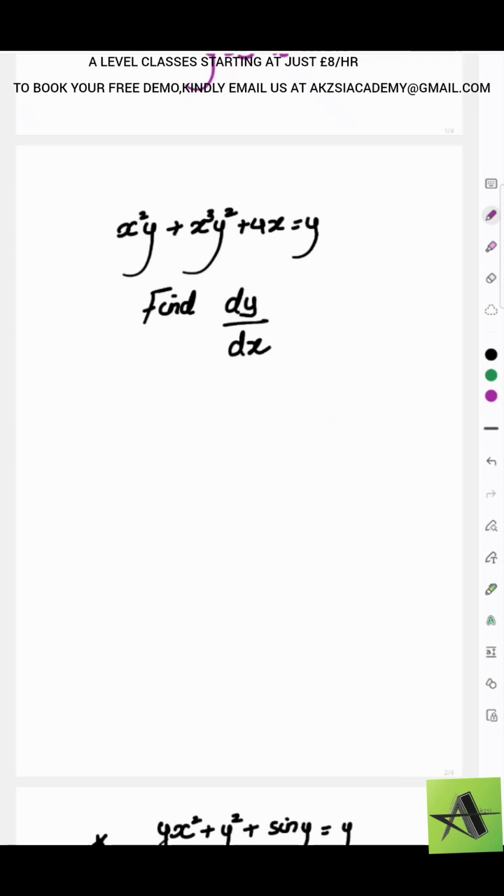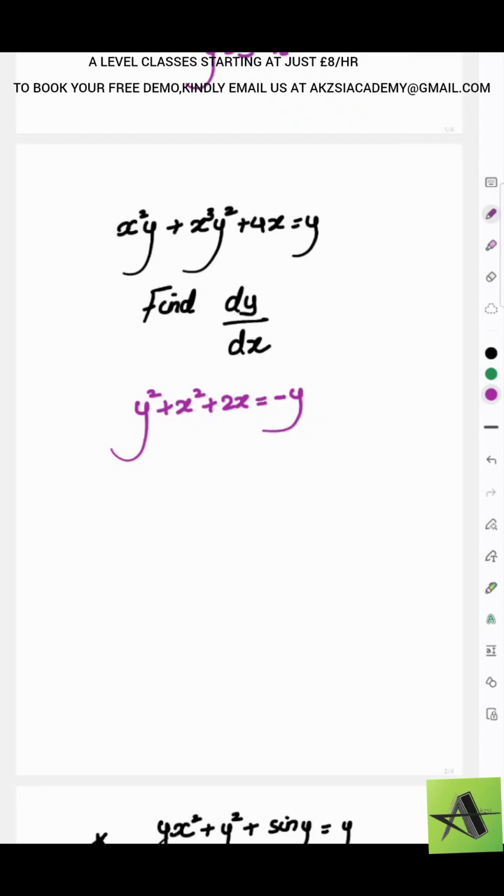For implicit functions, you just have to differentiate them simultaneously. Let me take a simple example: y squared plus x squared plus 2x equals minus y. When differentiating y squared, we are not treating it as a constant because y and x are both variables. So I have to differentiate y exactly how we differentiate x.